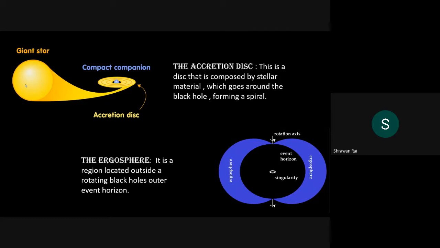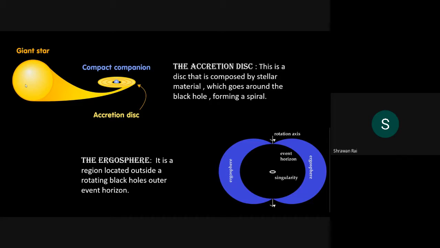This is a disk that is composed by stellar material, which goes around the black hole forming a spiral. That is, it is a structure formed by diffusing material in orbital motion around a massive central body.